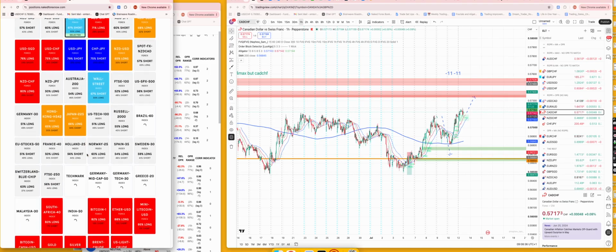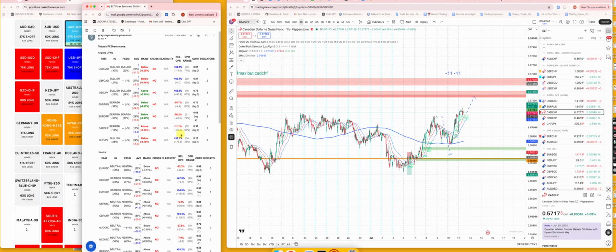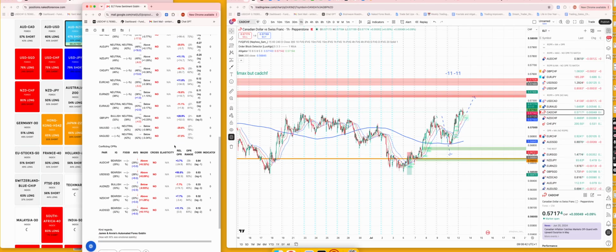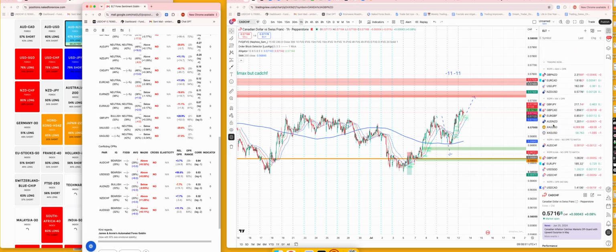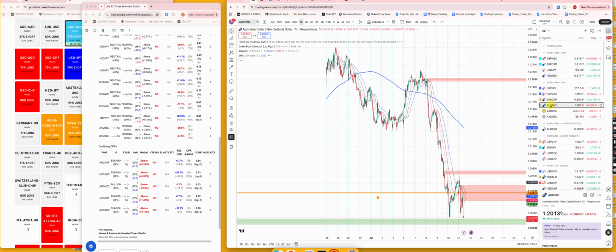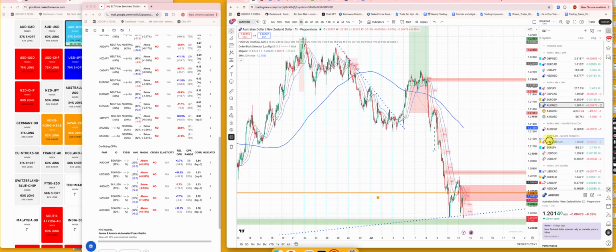Aussie New Zealand. I like the Aussie New Zealand. So we're bullish, but not on the relative OPR. So this is going to change things. So we don't have the relative OPR.